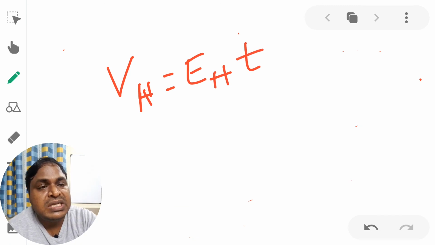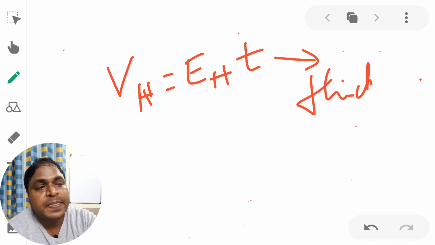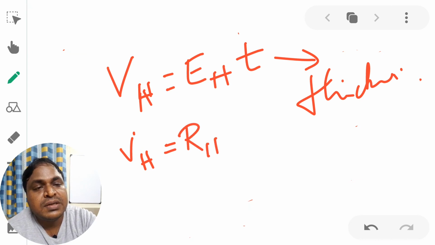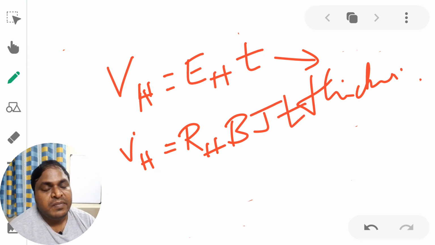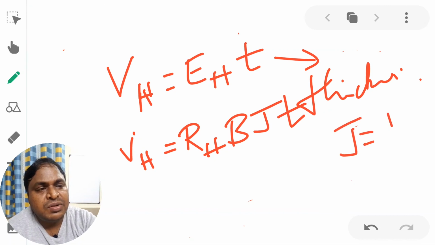Now what is t? t is the thickness of the sample. Okay, so VH is equal to, you all know, RH B J t. Okay, and also you know that J is equal to current by area.